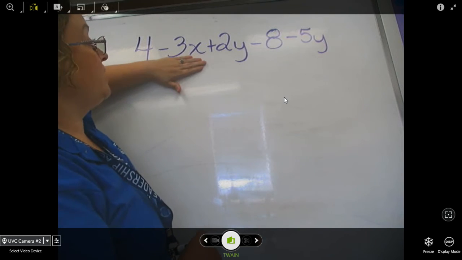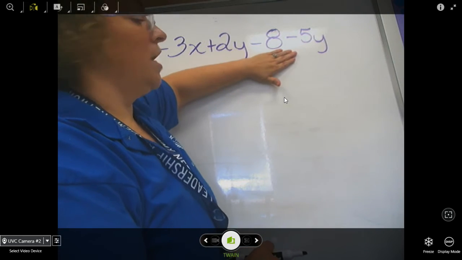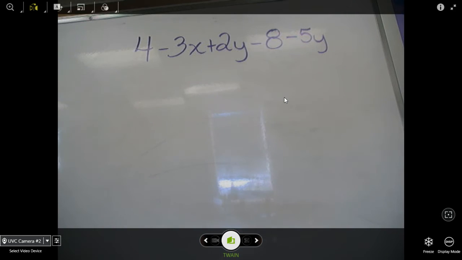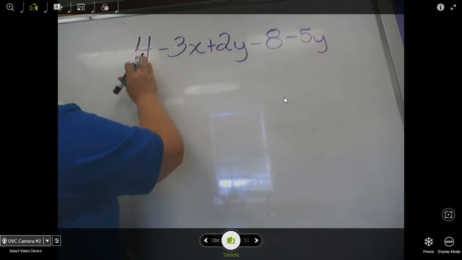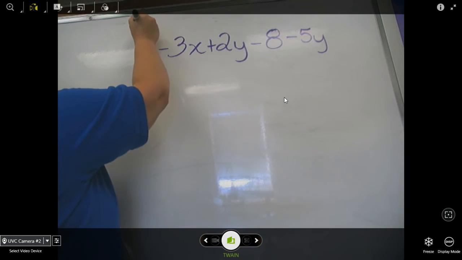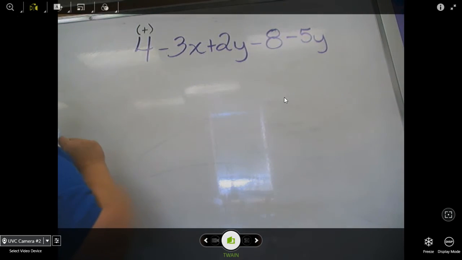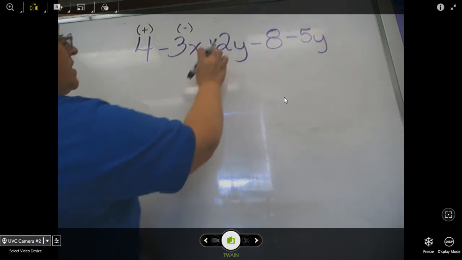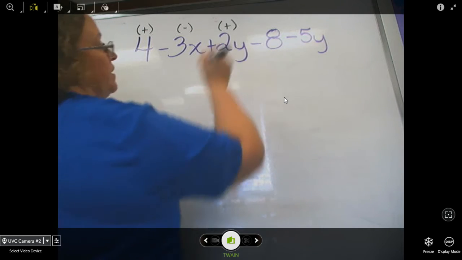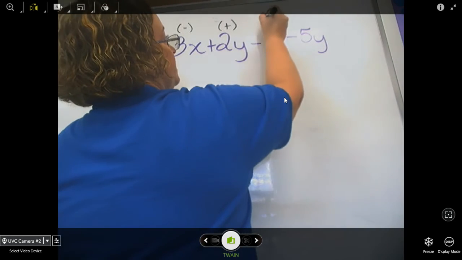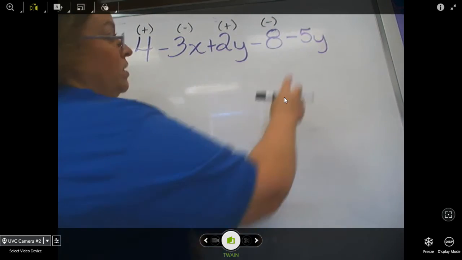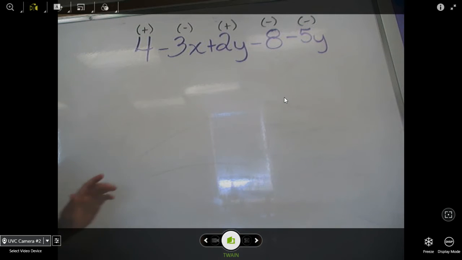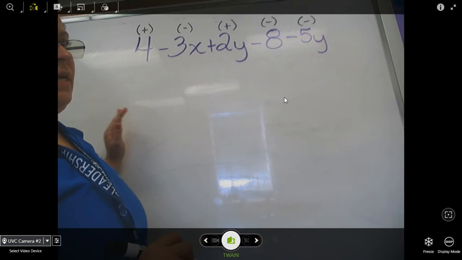I have an x, I have a y, I have another constant, I have a y. Remember what we did at the beginning of the year. What's the sign on this? This is a positive, right? What's the sign on this? Negative. What's the sign on this? Positive. What's the sign on this? Negative. What's the sign on this? Negative, right?